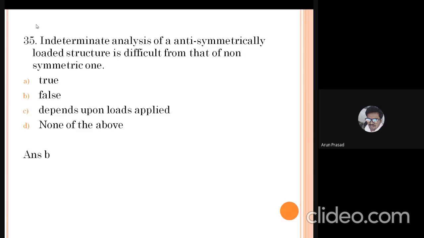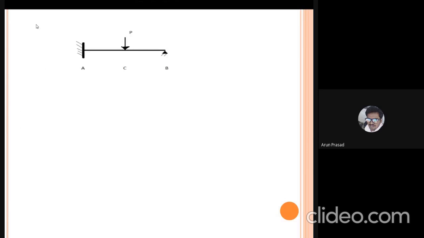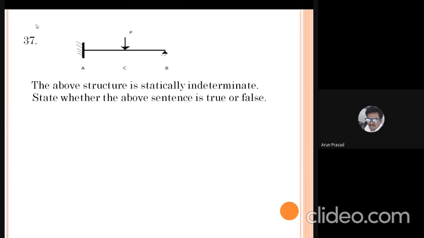Okay. So next, again we have the same diagram. So we have a beam where A is a fixed support, and B is a hinge, and we have a point load at the point C. The above structure is statically indeterminate. State whether the above sentence is true or false. Whether this structure is statically indeterminate, we need to check it.